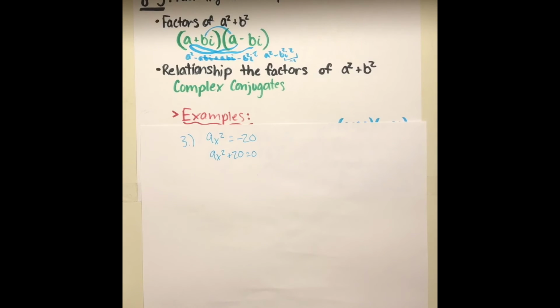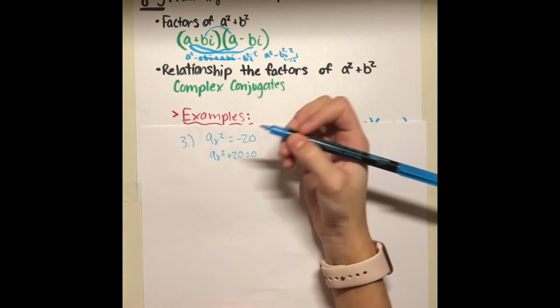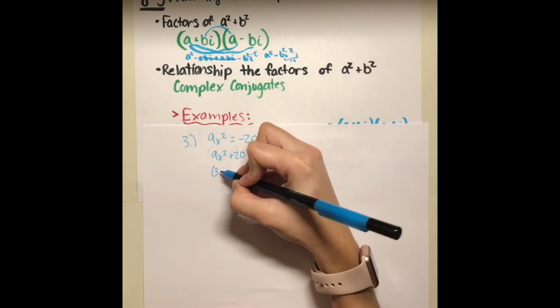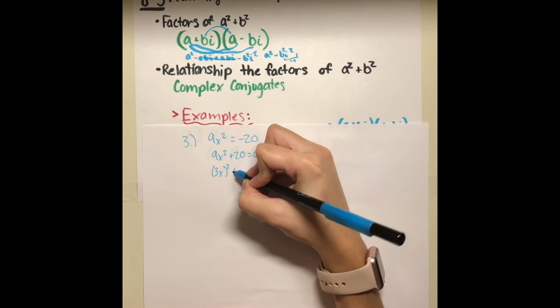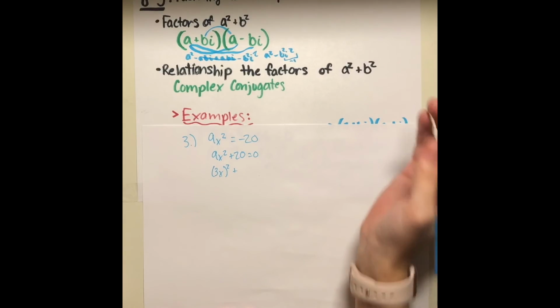So when you look at this, you can say, okay, 9 can be square rooted into a real number, which is 3, but 20 doesn't exactly do that. But that's okay, because we can still use complex conjugates for factoring and solving for x. So let's go ahead and write out 3x squared plus, okay, so what goes here?